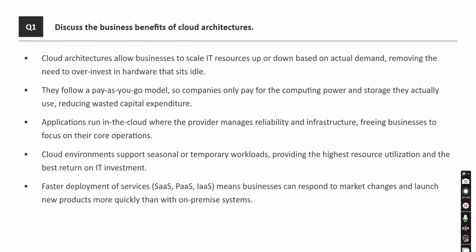And finally, cloud services like SaaS, PaaS, and IaaS allow businesses to deploy new products and respond to market changes much faster than traditional on-premise system allows.